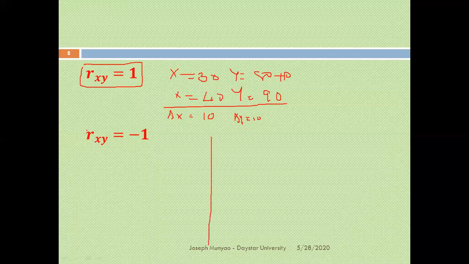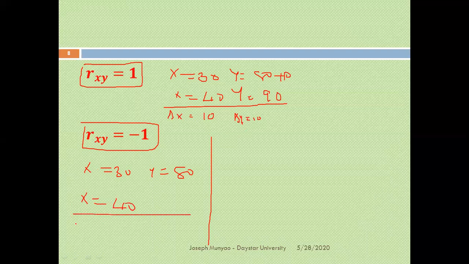Now, if the two variables are perfectly negatively correlated, and x was 30 and y at that point was also 80, and x changed to 40, the change in x, because it is increasing, is 10.